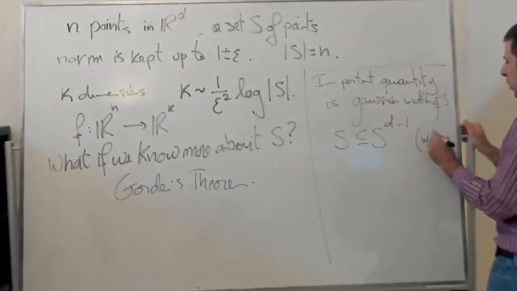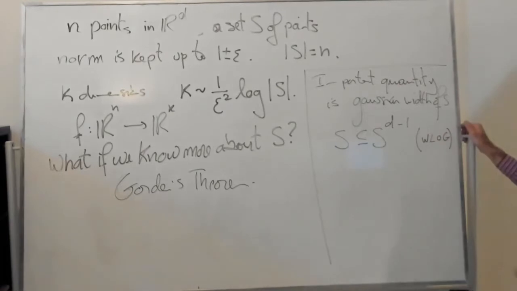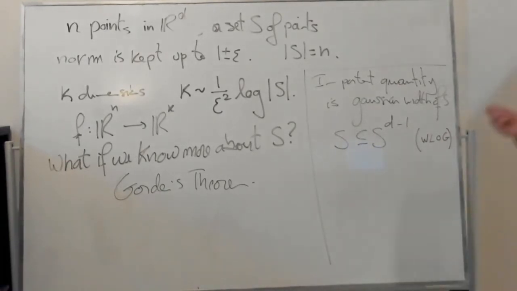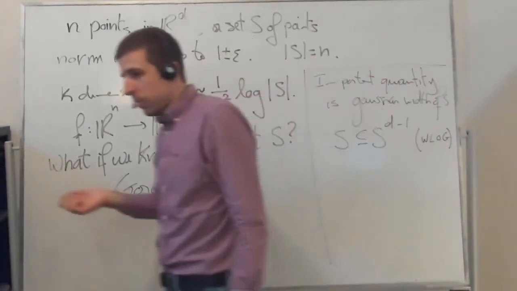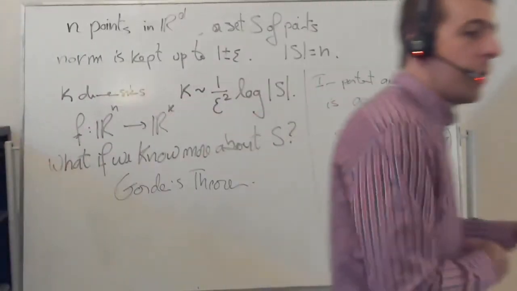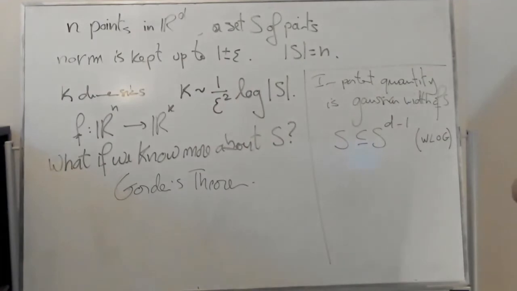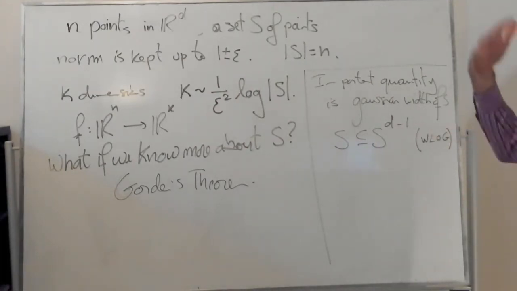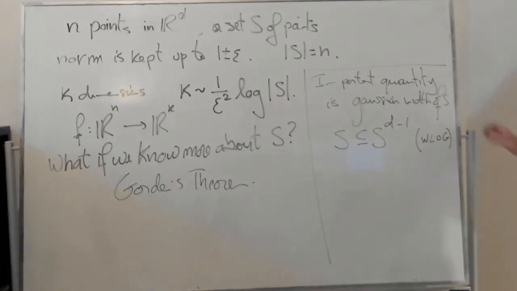This is without loss of generality, because if there's a point whose norm we want to keep, it's enough to just project it to the sphere to have norm 1, since what happens multiplicatively to its norm doesn't depend on whether I shrink it or extend it.